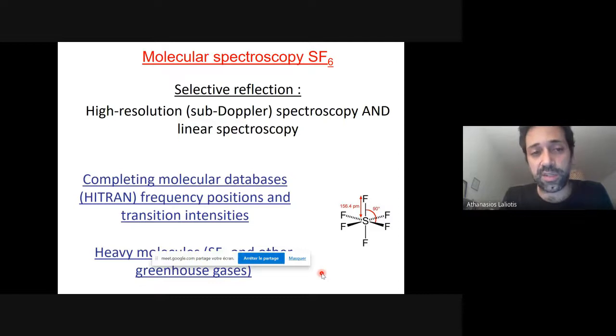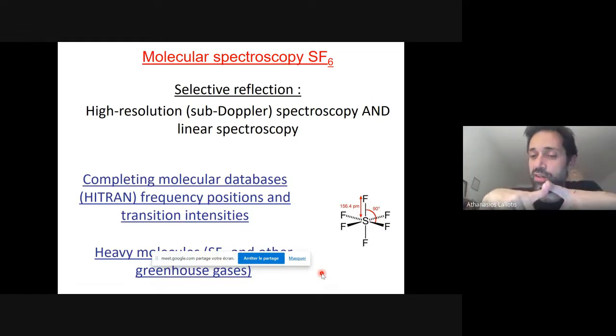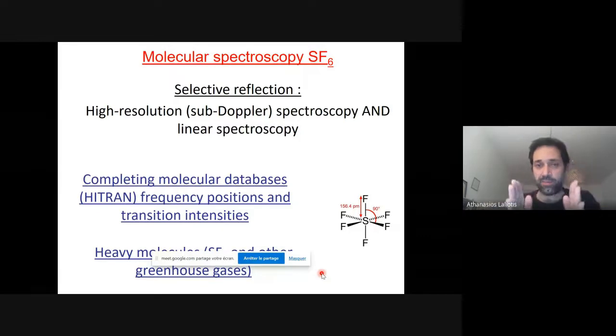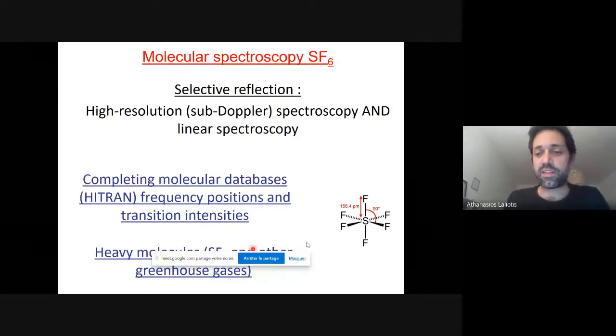Our setup is a high resolution setup, so it's a sub-Doppler spectroscopy, but it's also a linear spectroscopy. So this allows you to pinpoint both transition frequencies and transition amplitudes. And pinpointing those two is important if you want to look at the spectra of molecules.